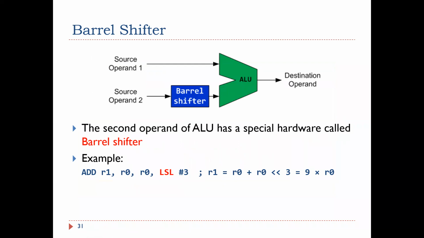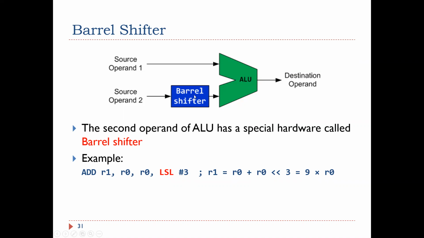If you take a look inside the Cortex-M4 architecture, we can see that there is a barrel shifter attached to the second operand. It is not with the first operand, but with the second operand.